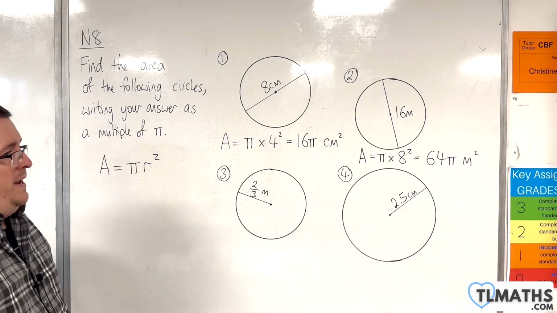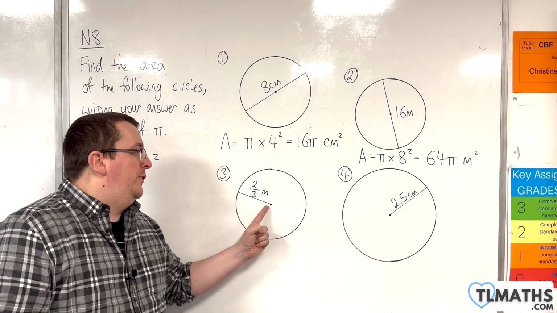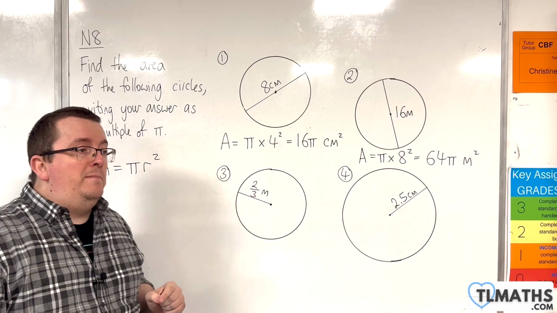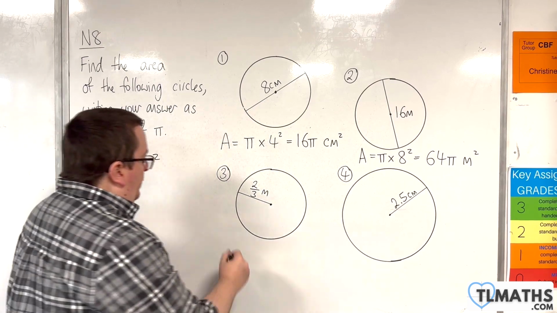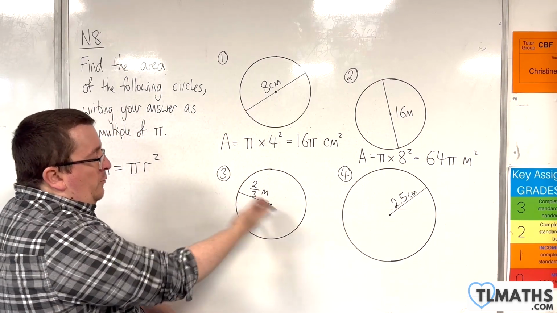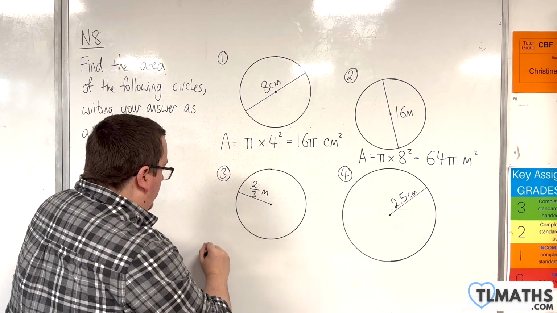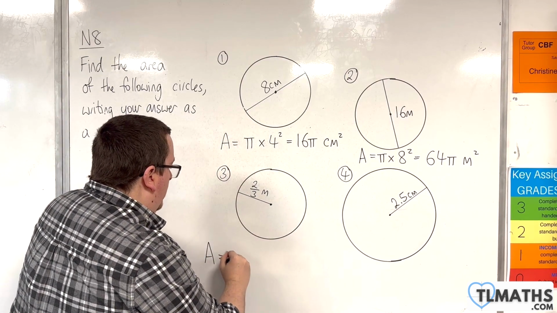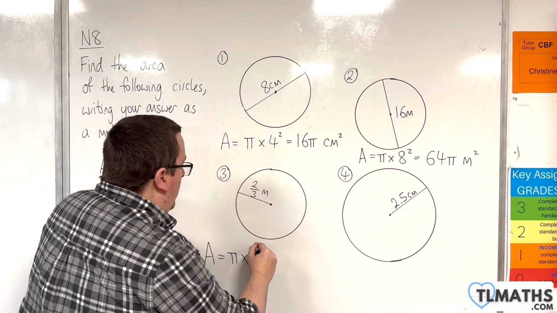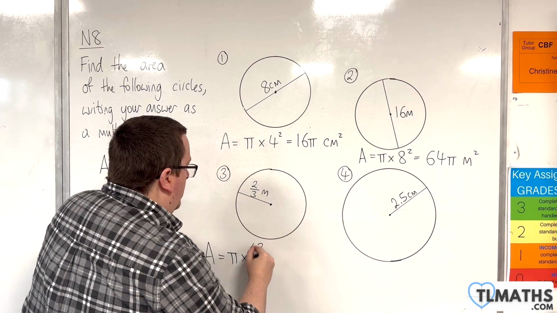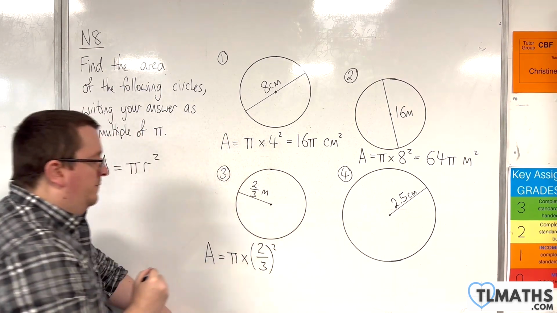Now for number 3, the radius given to us is 2/3 of a metre. So we don't need to halve anything because we've been given the radius. So the area is pi times r squared, so that's 2/3 squared.